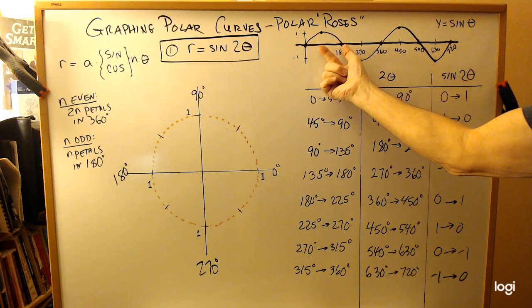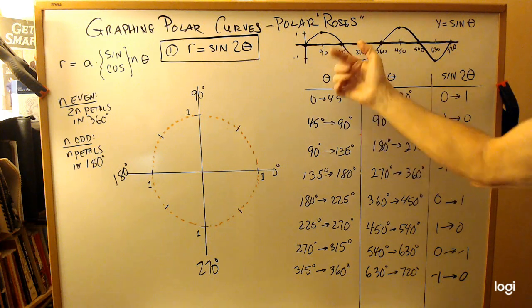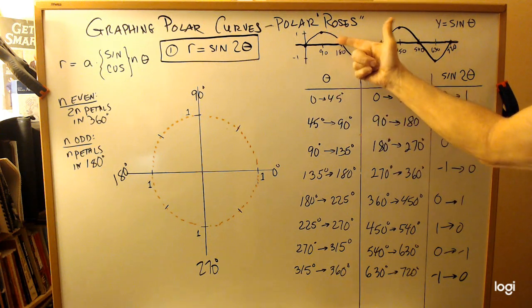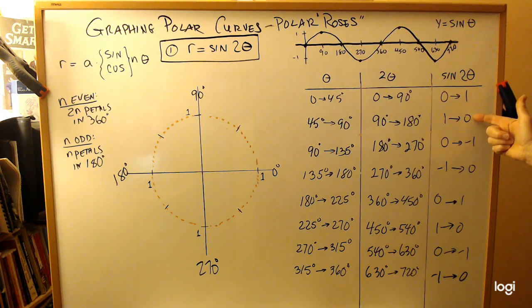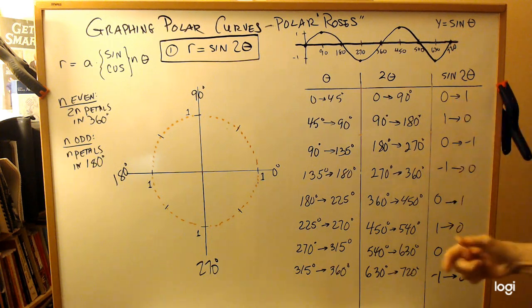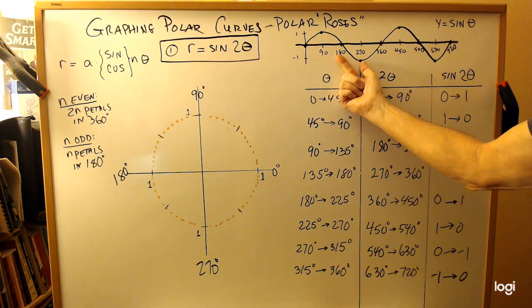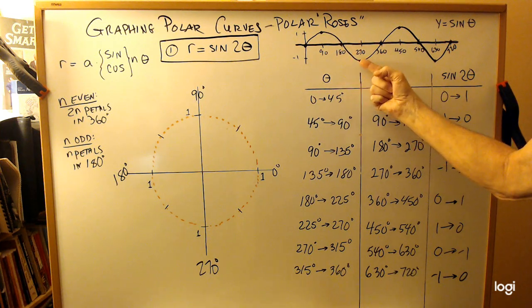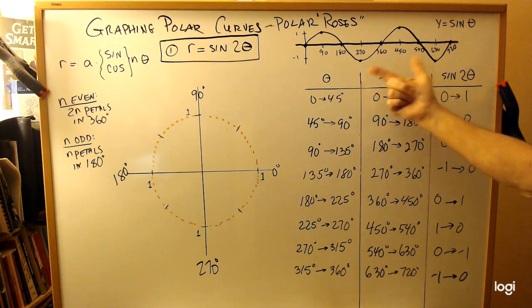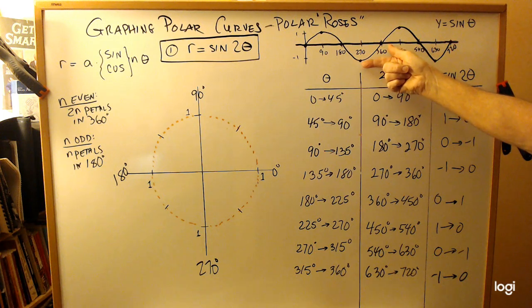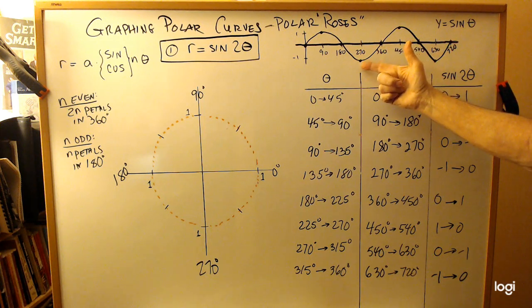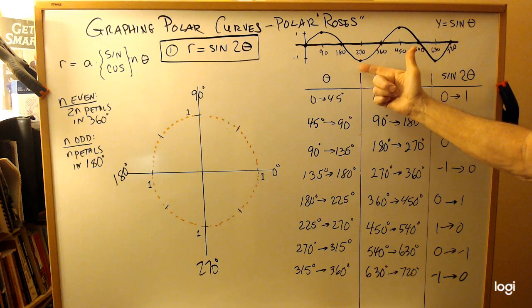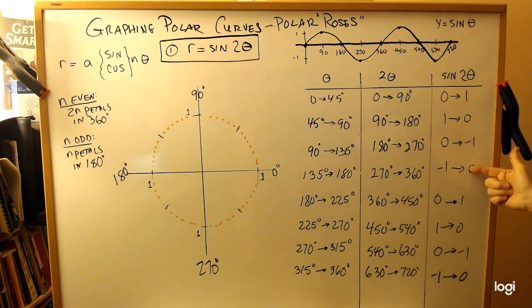And in the next interval, from 90 to 180, it goes from a height of 1 to a height of 0. So it's increasing here, it's decreasing here. From 180 to 270, it's decreasing, but it decreases from 0 to negative 1. And from 270 to 360, you can see it's increasing, going up from left to right. It goes from a height of negative 1 to a height of 0. And that's how I developed this chart.